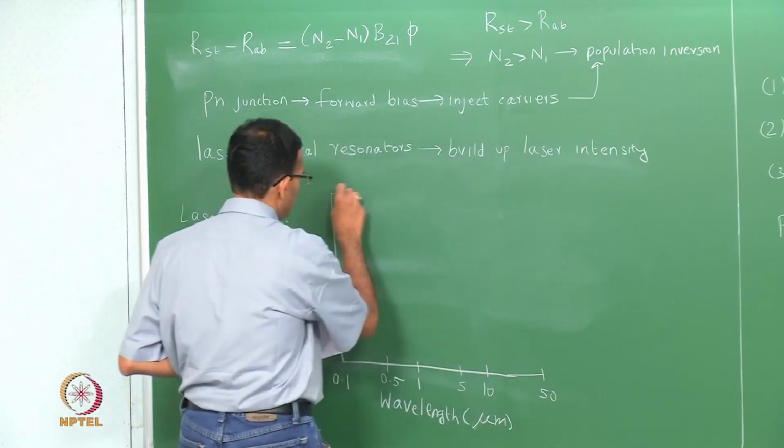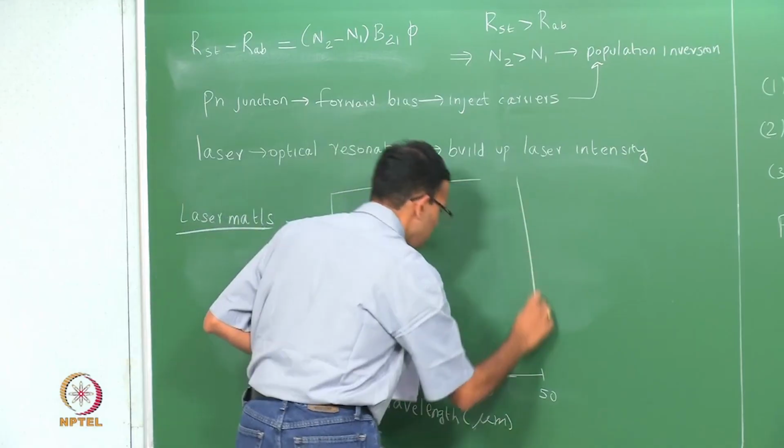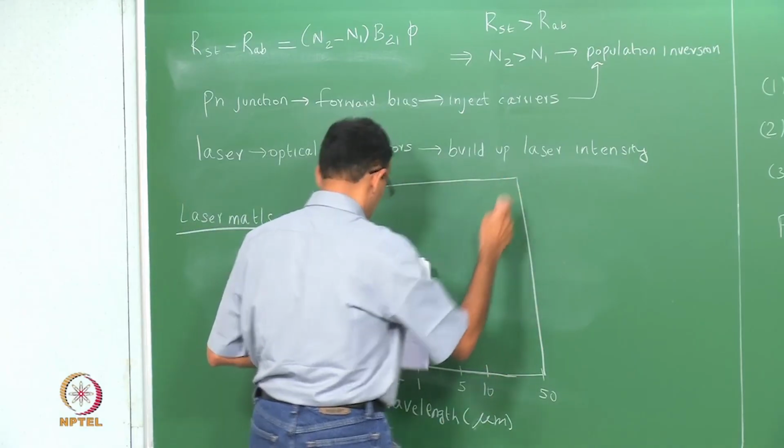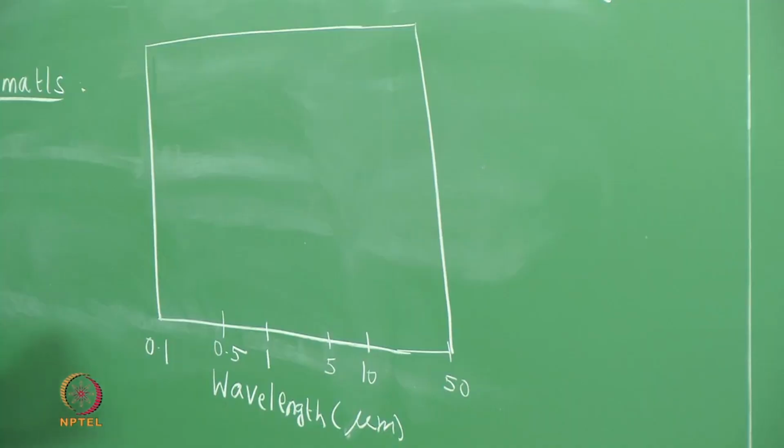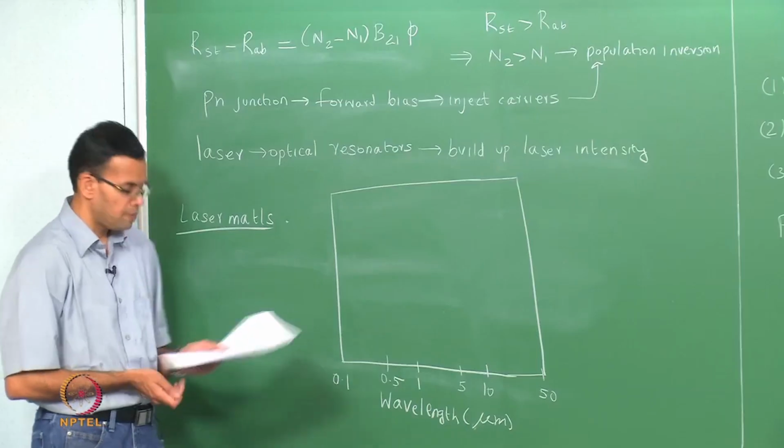This is essentially a log scale. So, if you want laser light in the visible region, we want a material whose band gap lies in the visible.